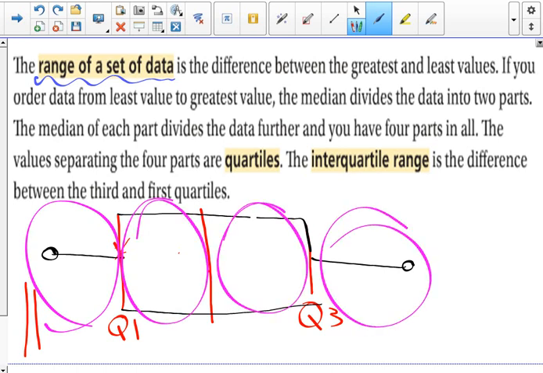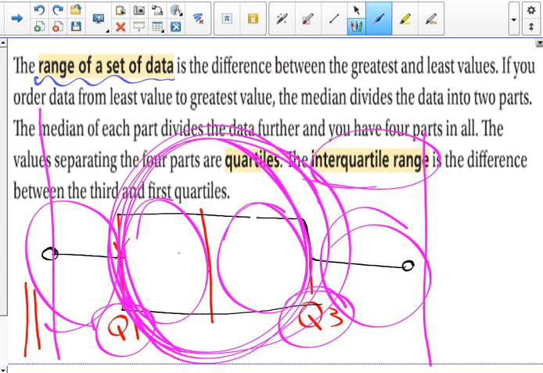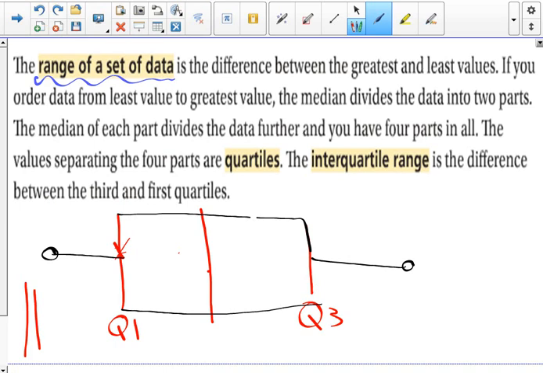Now the interquartile range is the difference between your first and your third quartile. So the interquartile range is this right there. You've got an overall range from least to greatest, but your interquartile range is just the difference in this part. And that's what we're going to draw our box with to make our box and whisker plot.